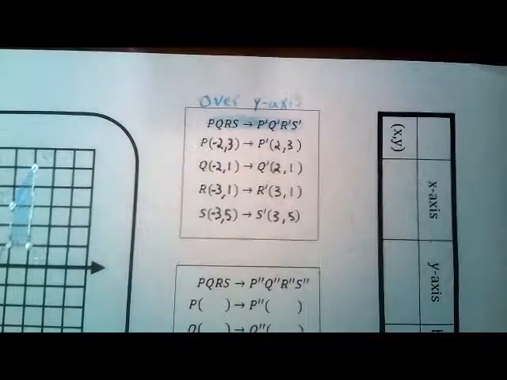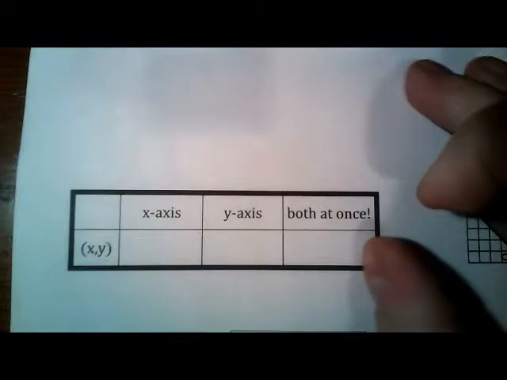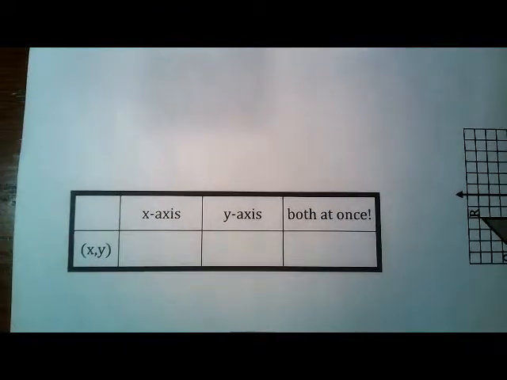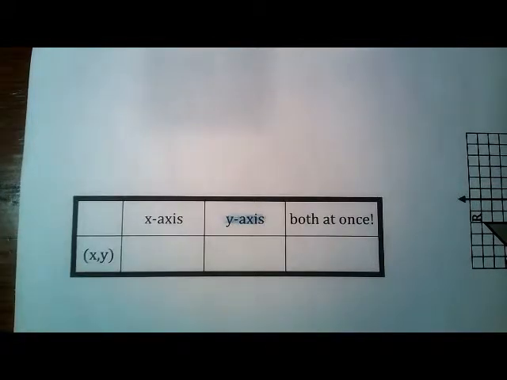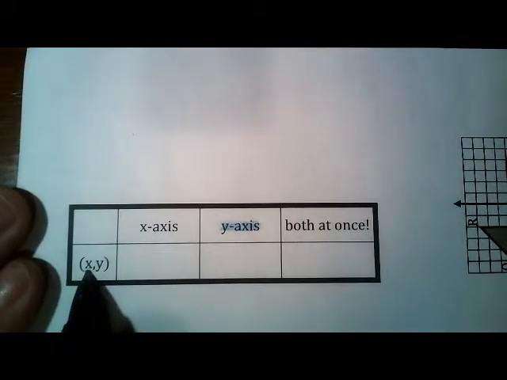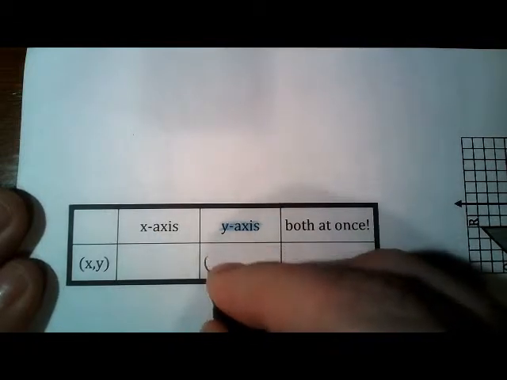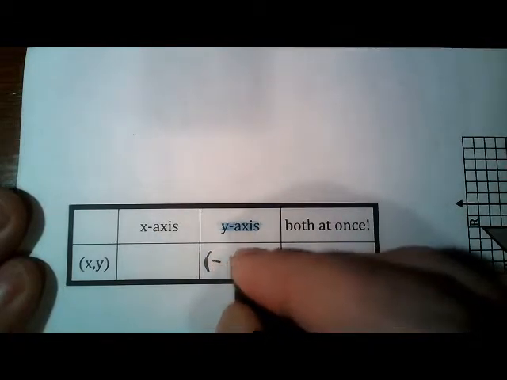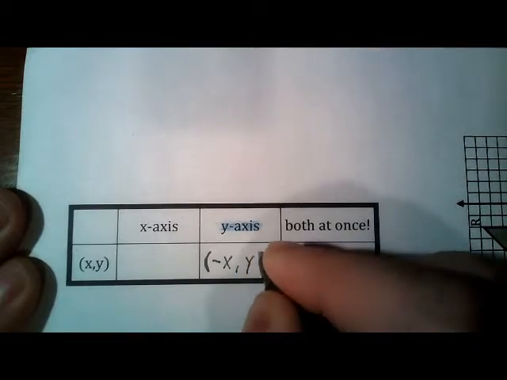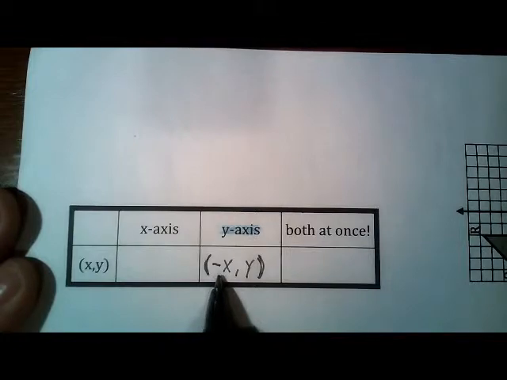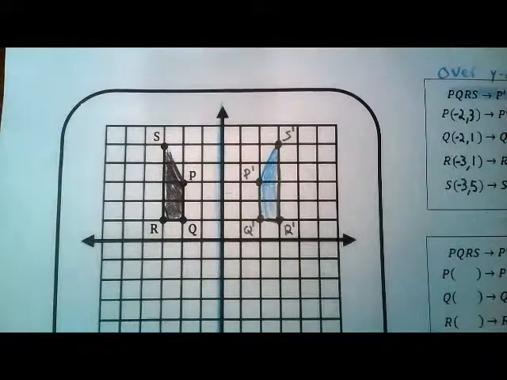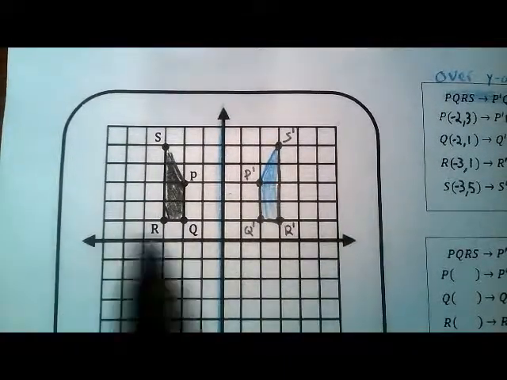So when we flip it over the y-axis, as a general rule, our coordinate pairs, which started out as x, y, go to negative x, and the y stays the same. So my sign on x changes and the y stays the same. Which makes sense because when I look at the figure, I'm going from this side of the y-axis to the other side.